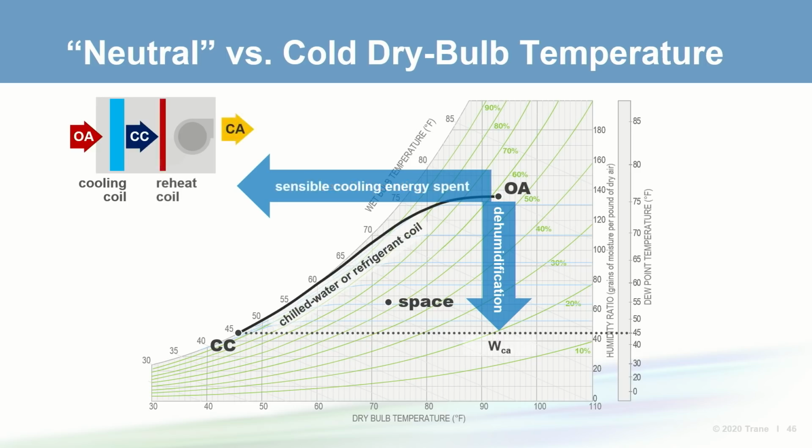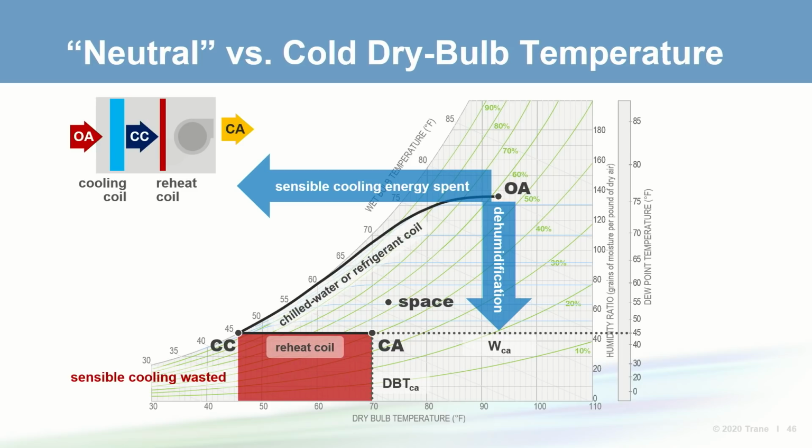If this dehumidified air is then reheated to neutral from point CC to point CA, some of the sensible cooling performed by the dedicated outdoor air unit is wasted. If the zones need cooling, why not make use of the sensible cooling already done by the dedicated outdoor air unit? Otherwise, the terminal units will just need to offset more of the space sensible cooling load, increasing their energy use.